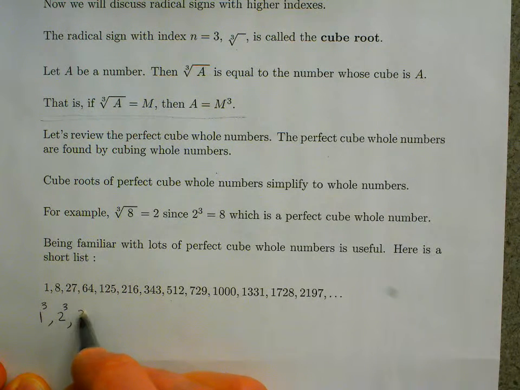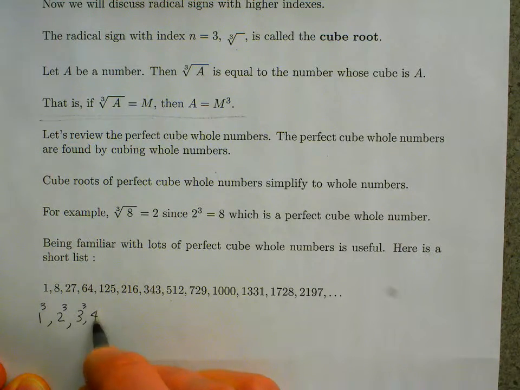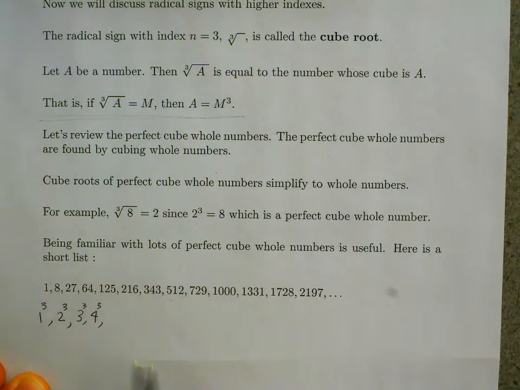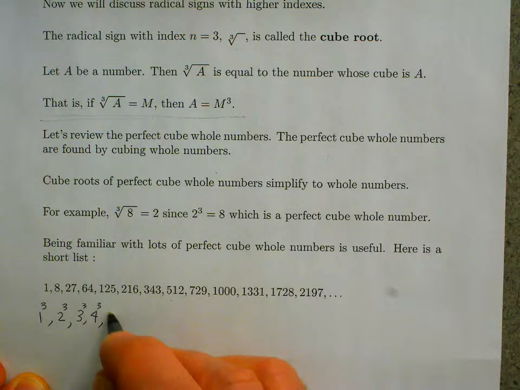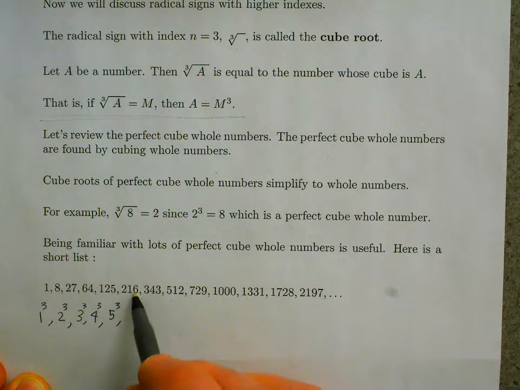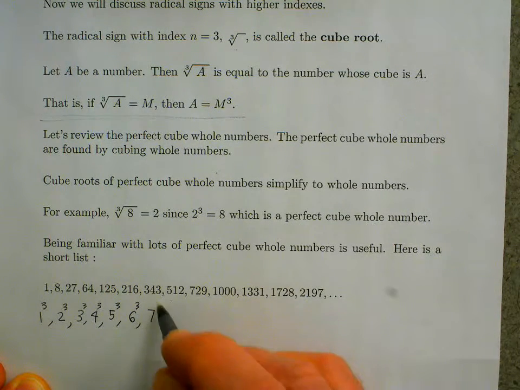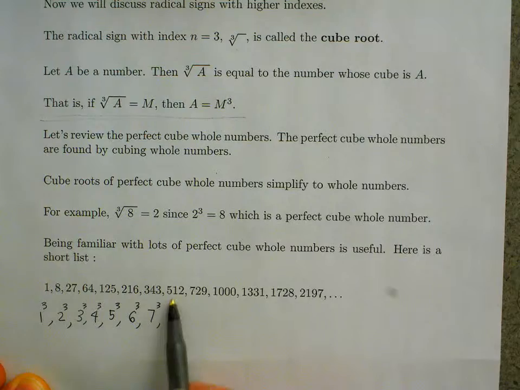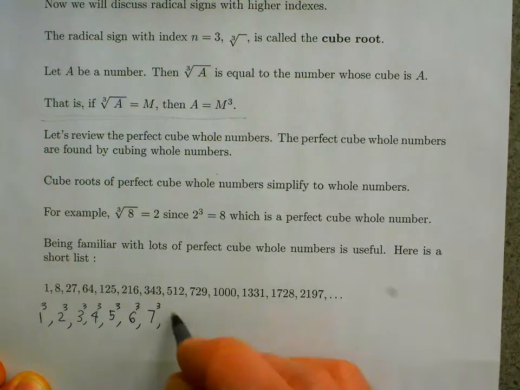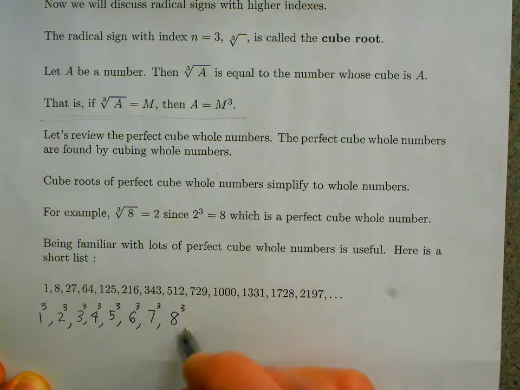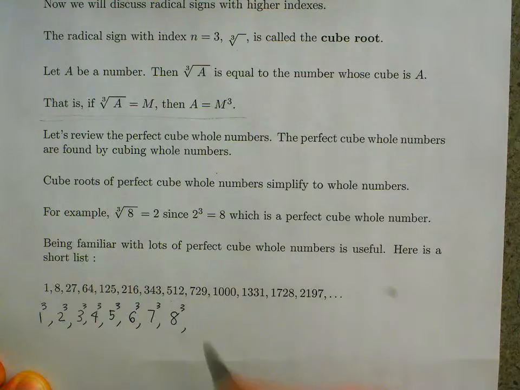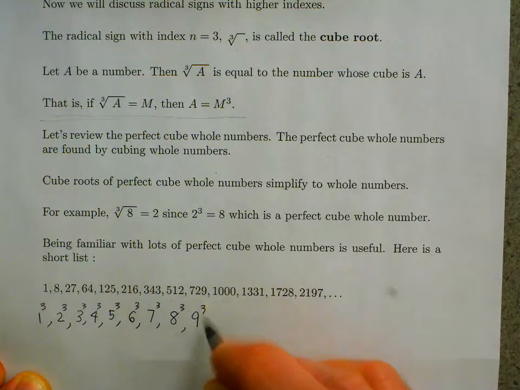27 is 3 to the third. 64 is 4 to the third. 125 is 5 to the third. 216, 6 to the third. 343 is 7 to the third. 512 is 8 to the third. 729 is 9 to the third.